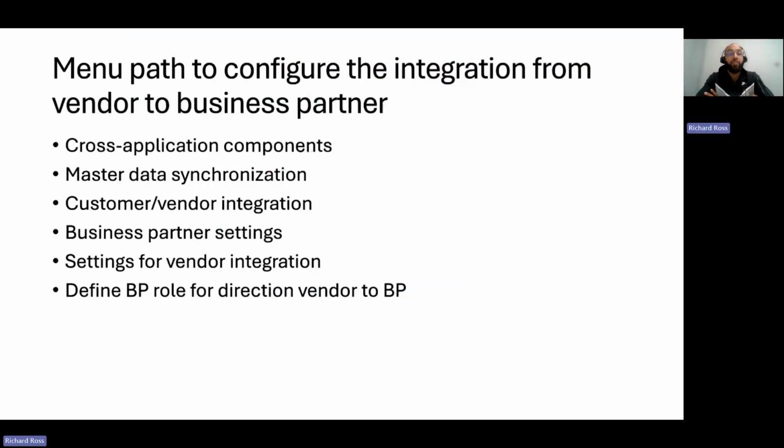Okay, menu path to configure the integration from vendor to business partner. Cross application components, master data synchronization, customer vendor integration, business partner settings, settings for vendor integration, define a BP role for vendor to BP.